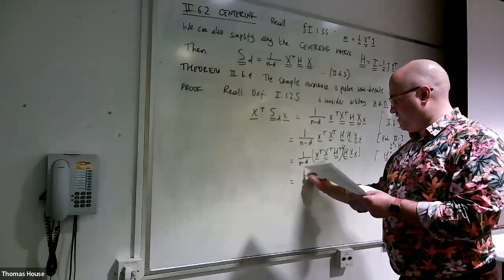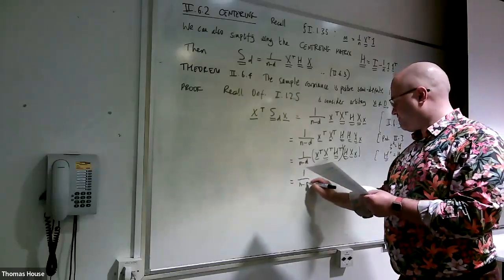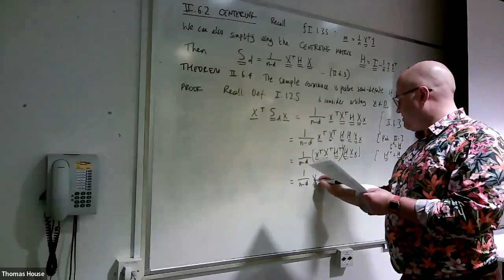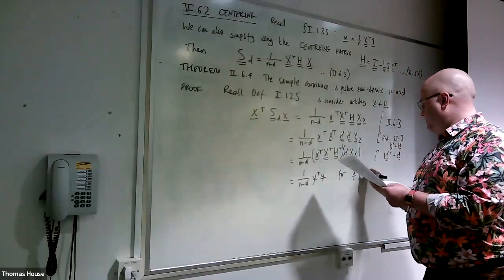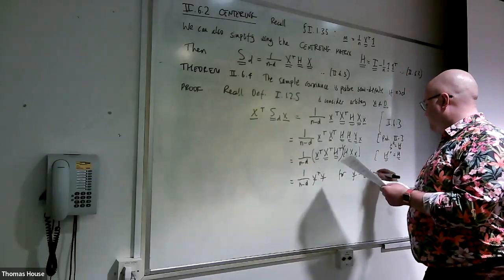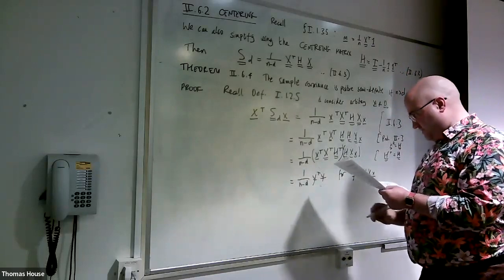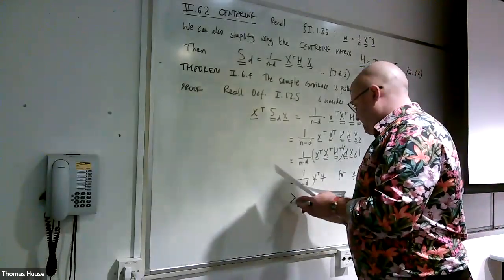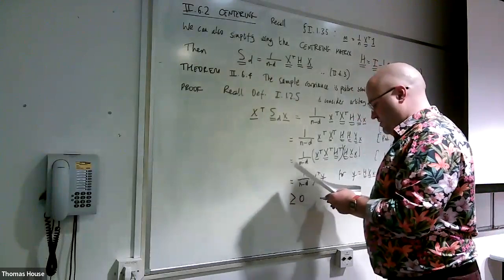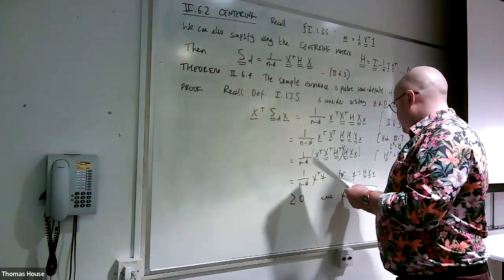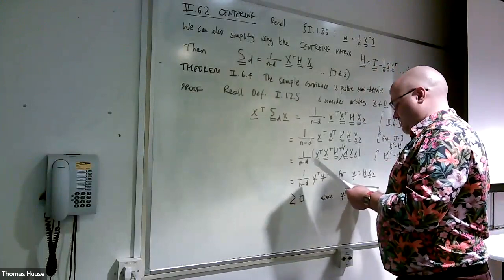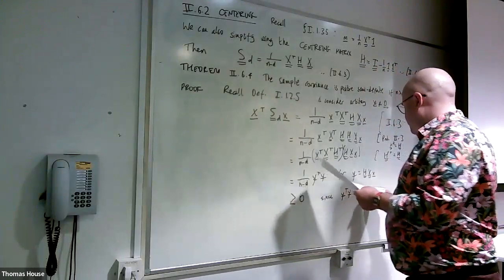So that's equal to 1 over n minus d y transpose y, where y equals H x, big X, little x. And that has to be bigger than or equal to 0, since y transpose y is a squared length.